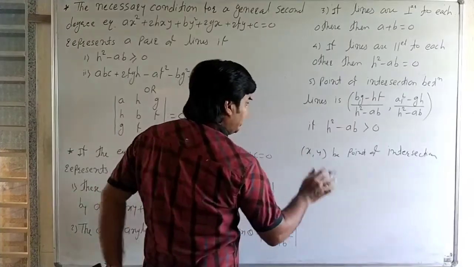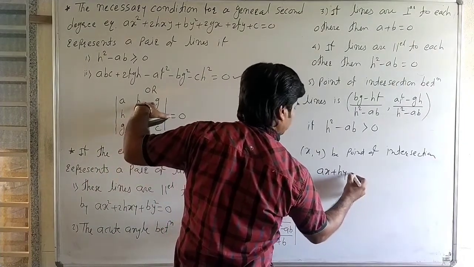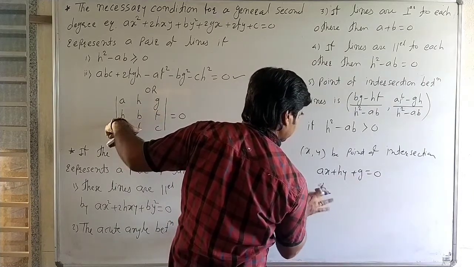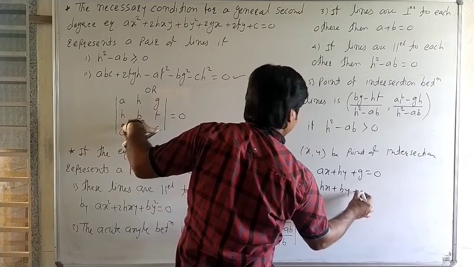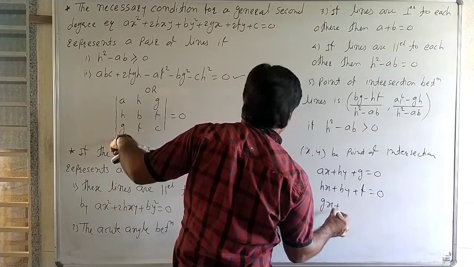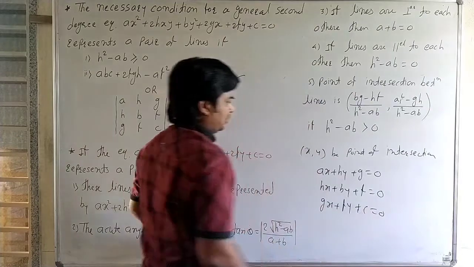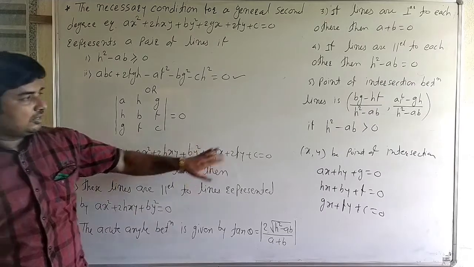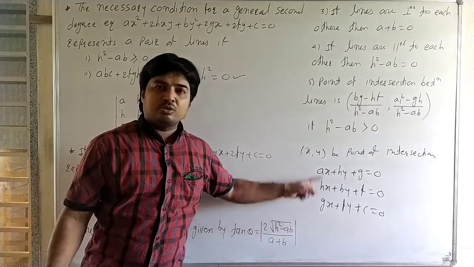Then we solve any two equations: ax plus hy plus g equal to 0, hx plus by plus f equal to 0, or gx plus fy plus c equal to 0. Here we find the point of intersection between the lines represented by the general second degree equation. By this method we solve any two equations out of three equations.